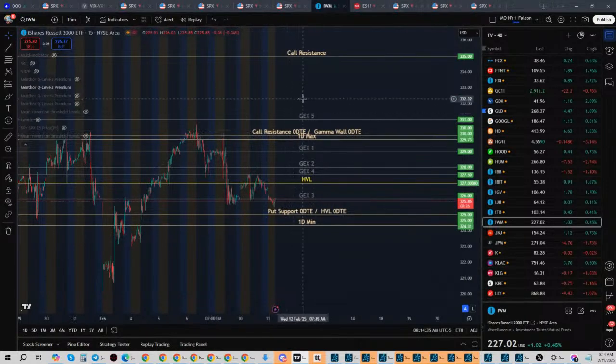And this has been a good one to sell strangles or iron condors because it's just been stopping in this range. It really needs to get and stay over 227, 228, and get over 230 to be able to get moving from a gamma point of view.